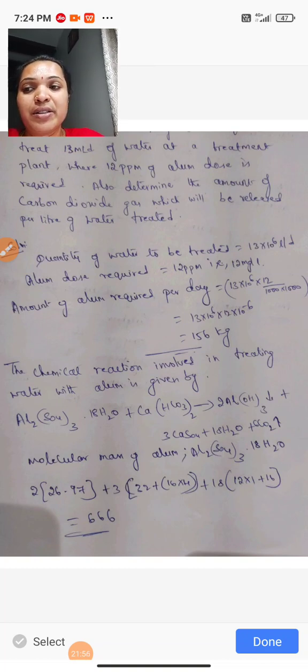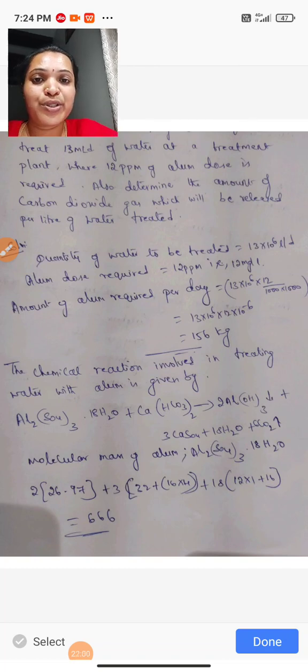In the first condition, we determine the amount of alum used to treat a particular quantity of water, that is 13 MLD of water which we are going to treat.